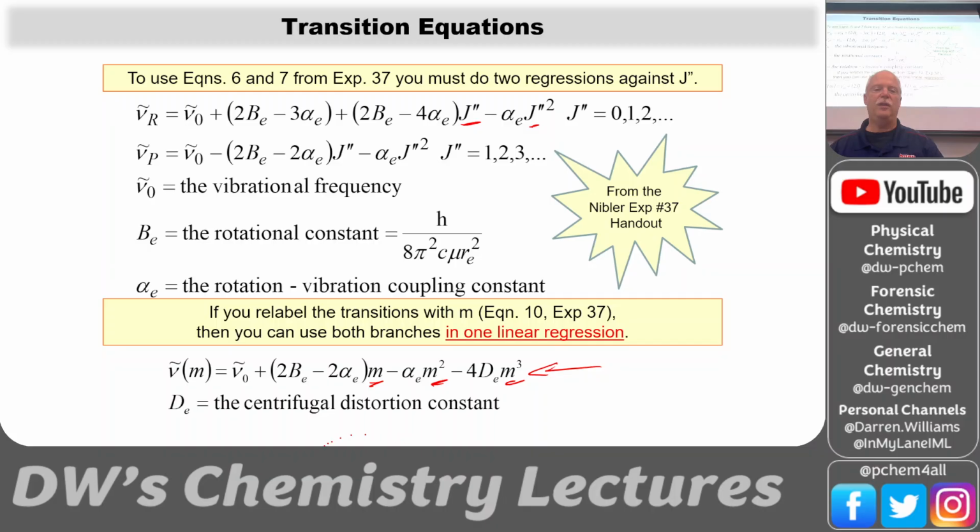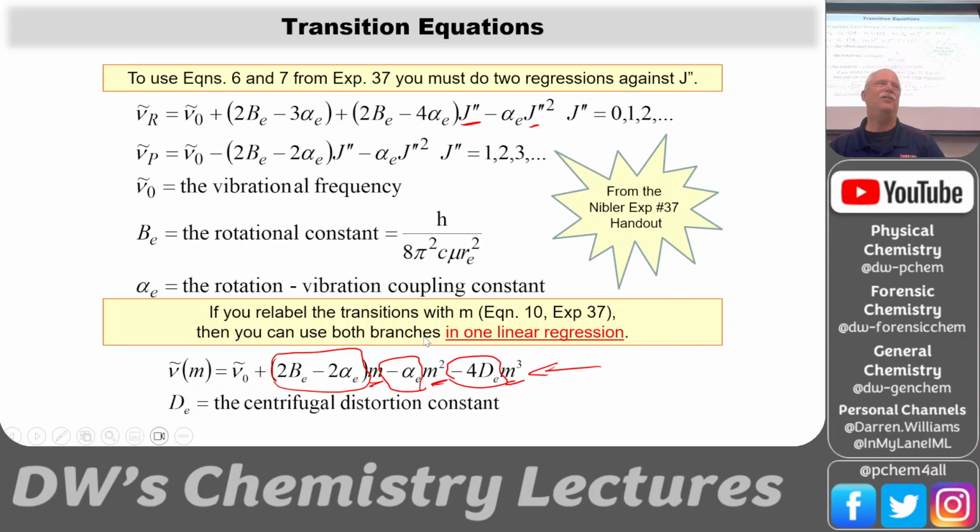That's what we're going to be doing with this, and we could do this instead of x with respect to M. But when we solve for the coefficients of those, the coefficient in front of the M cubed term would be minus 4dE, and the coefficient in front of the M squared term would be minus alpha E. That's that rotation vibration coupling constant. And then the slope, or the coefficient in front of M, would be this complicated thing.